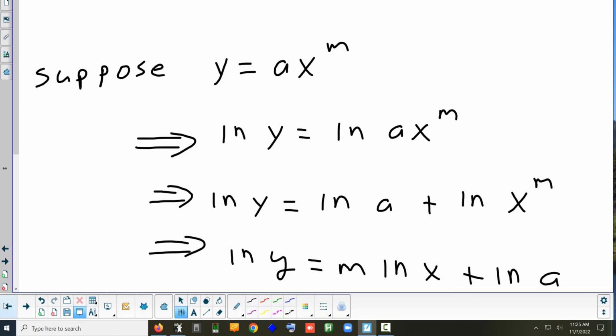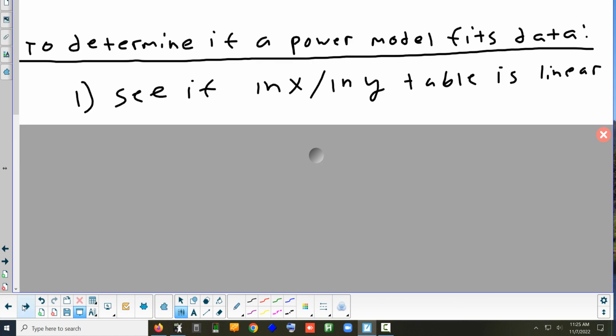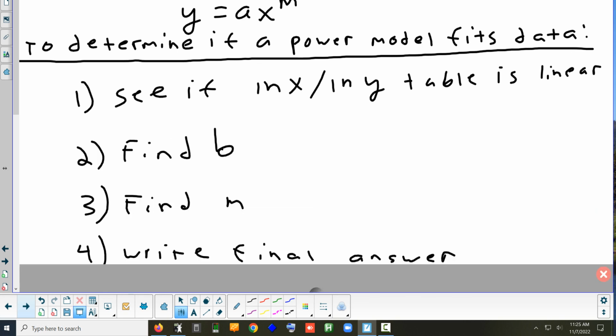All right. So let's look back at our formula. y equals ax to the m. There's two things that we need to find, the a and the m. And the way we're going to do it is we're just going to use the calculator to find those values for us.